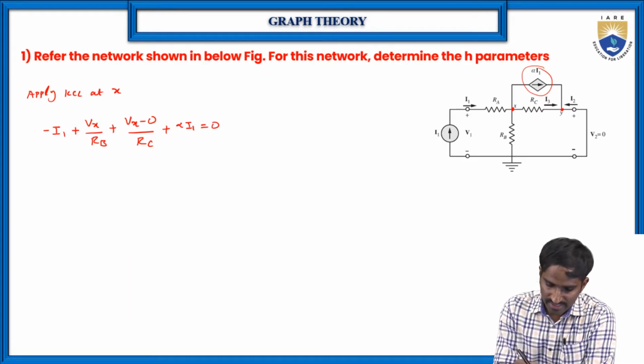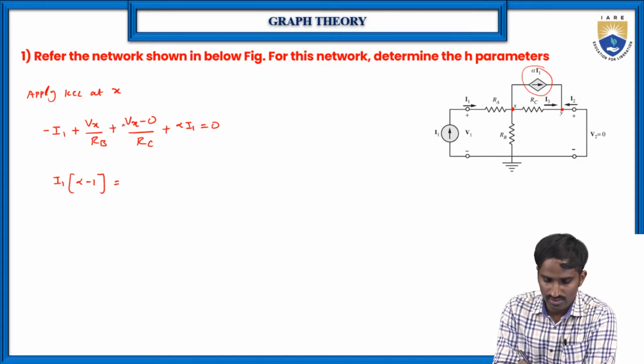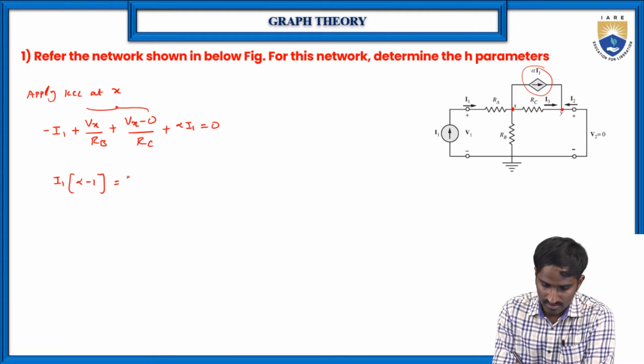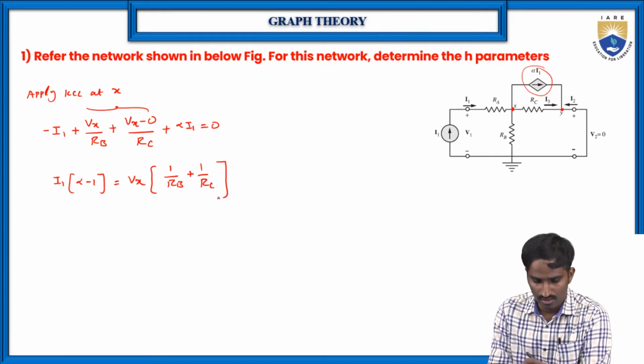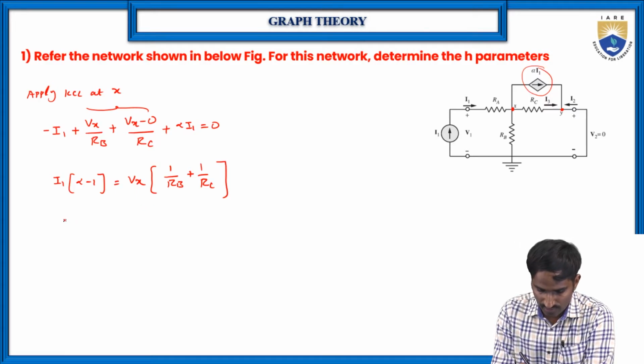So here let me take I1 as a common. I1 into alpha minus 1, which is equal to, in these two, Vx, take it as a common, so that you will have 1 by RB plus 1 by RC. If you simplify this, we are just trying to find the Vx value.